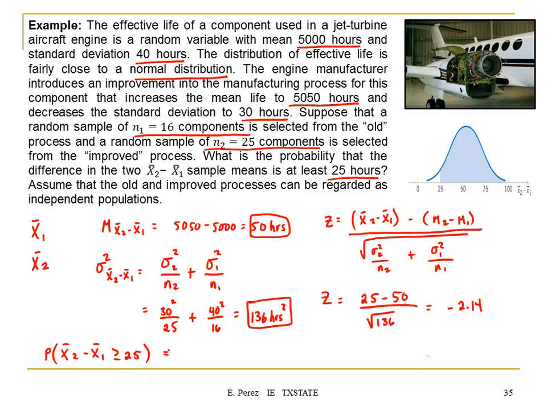We can use the complement to compute this probability. So this is 1 minus the probability of x bar 2 minus x bar 1 less than 25. And this is going to be equal to 1 minus the probability of z being less than minus 2.14.